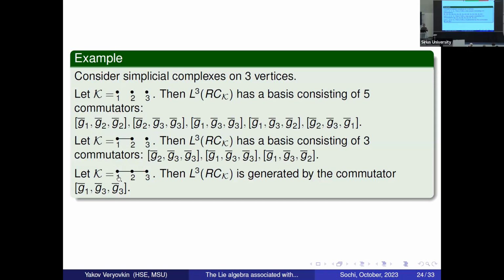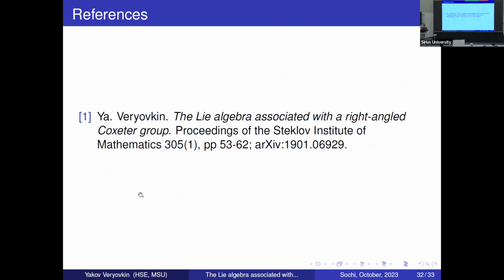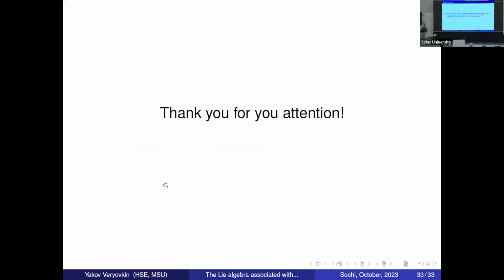And if K has 2 edges, then L^3 is generated by one commutator. Okay, this is the proof, sorry. And this paper has this result, and thank you for your attention.